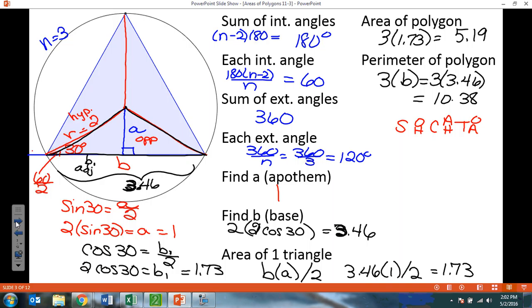Okay. So we have found the perimeter and the area of that equilateral triangle. Okay. Questions on this slide? Okay. Oh, sorry. Give you a couple seconds.